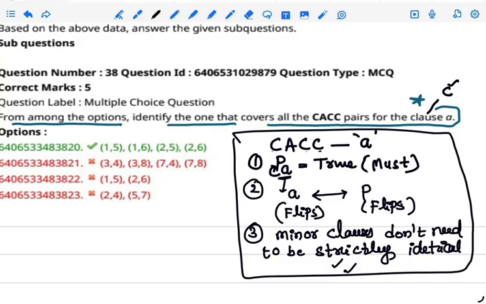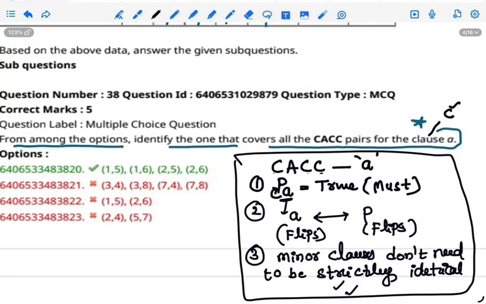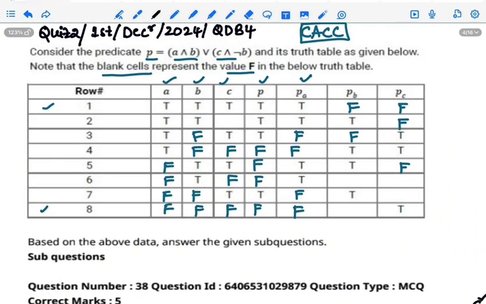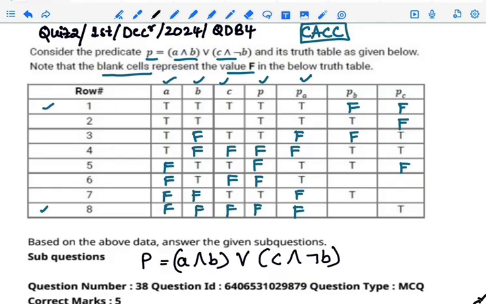Very easy, friends. The given predicate is P equal to A and B or C and not of B. Here the major clause is A, and B and C are minor clauses.